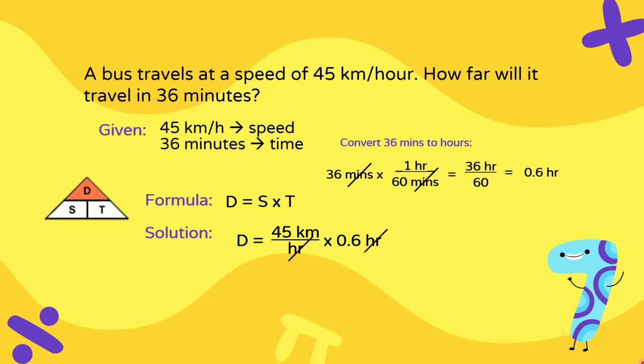Let us cancel hour. So 1 hour divided by an hour is equal to 1. 45 km times 6/10 is equal to 27 km. So therefore, a bus travels 27 km.